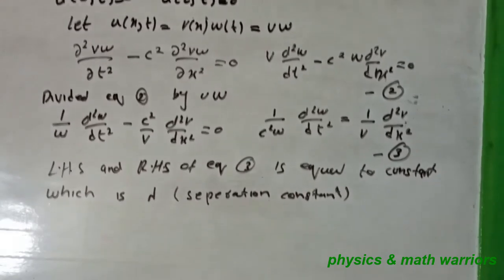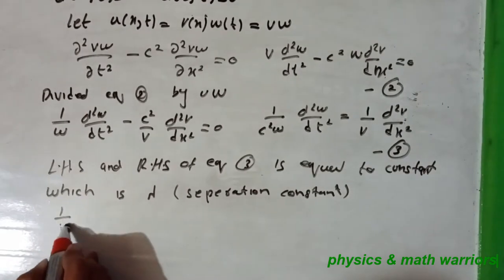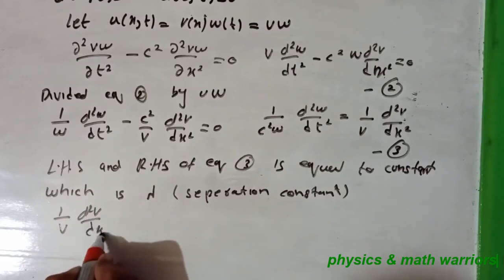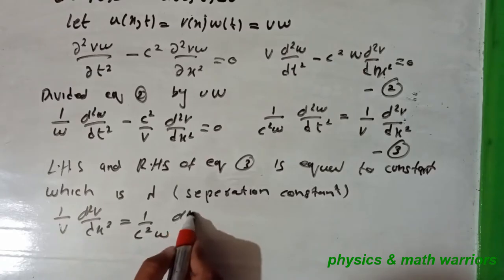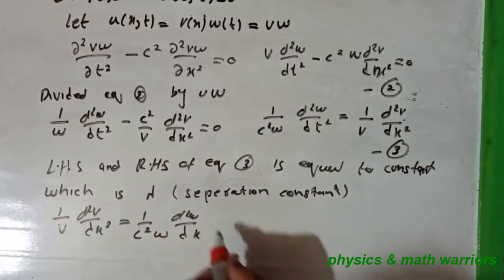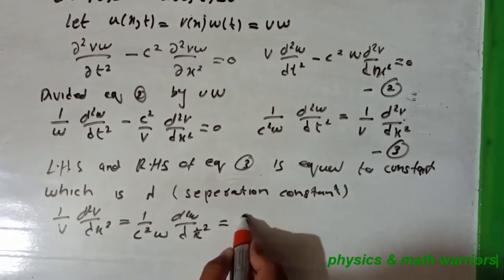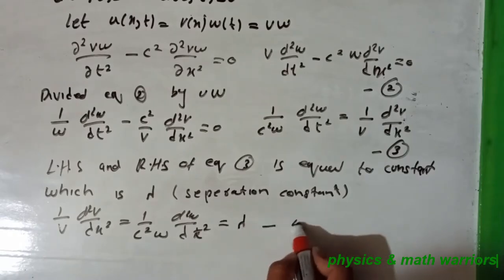So equation 3 becomes 1 over v d square v over dx square is equal to 1 over c square omega d square omega over dt square is equal to lambda. This is equation number 4.